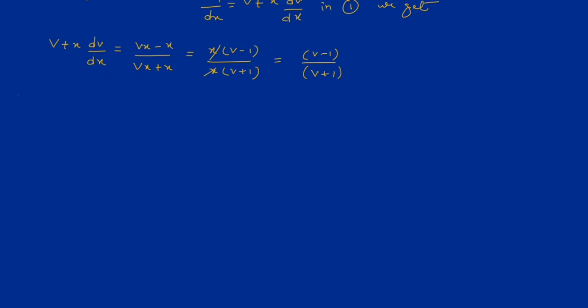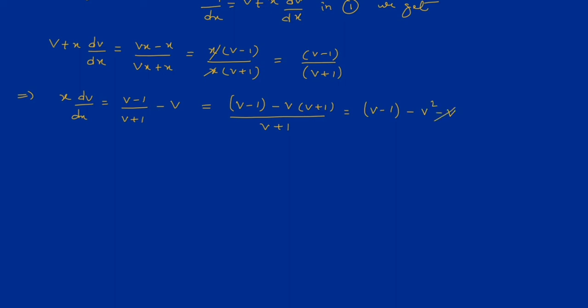Now taking v to the right side, x dv by dx remains (v minus 1) upon (v plus 1) minus v. Cross multiplying, v minus 1 stays as it is, and v into (v plus 1), divided by v plus 1, gives v minus 1 minus v square minus v.